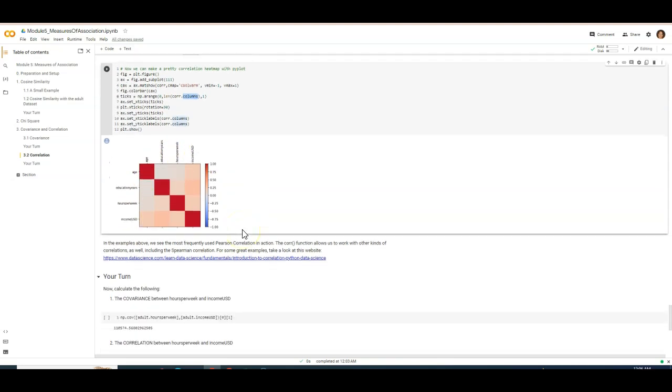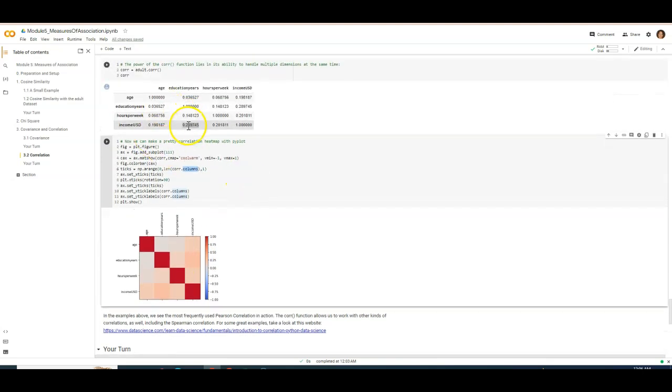So what we're seeing here in our heat map is a perfect correlation. That's the dark red between a variable and itself. And we're seeing a correlation that's a little bit lighter, but still the strongest correlation between income USD and education years, as we've seen above here with the 0.28 that's still highlighted.